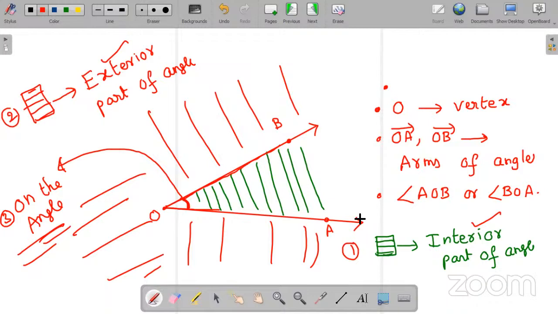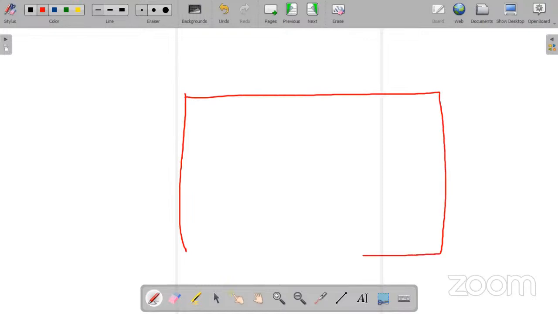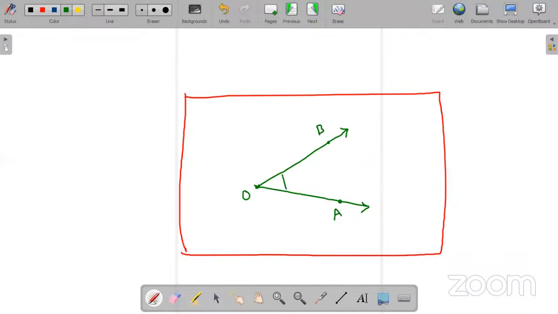So very simple. Let me come to one more point. I will explain. For example, first you draw a plane. This is the plane. Now in this plane, I take an angle. This is an example of an angle. This is O, this is A, this is B. Shade this portion up to this portion.